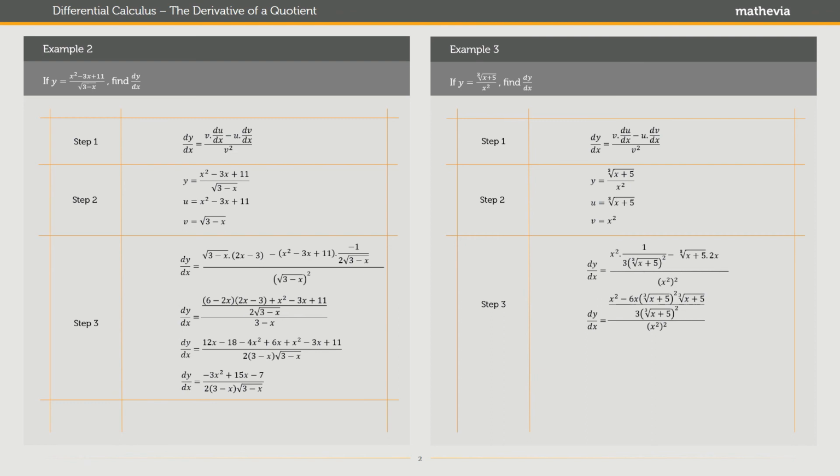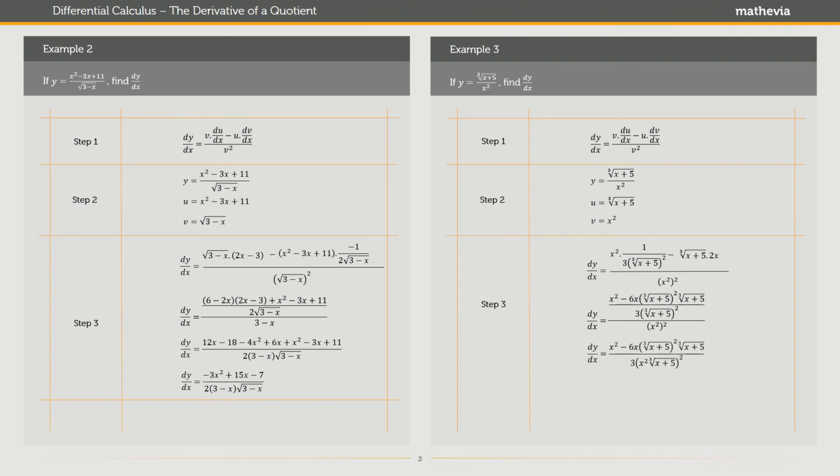So we have a single denominator at the top there, and what that gives us is x squared minus 6x, the third root of x plus 5 all squared, multiplied by the third root of x plus 5. Okay, and then we have divided by 3 multiplied by the third root of x plus 5 all squared, all over x squared all squared.